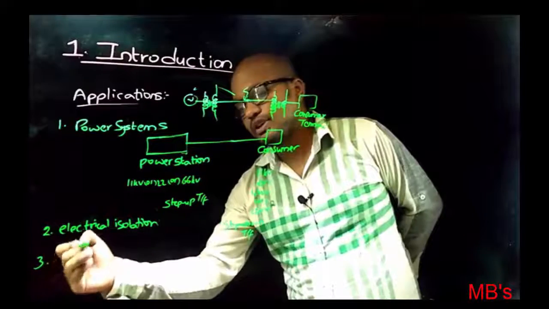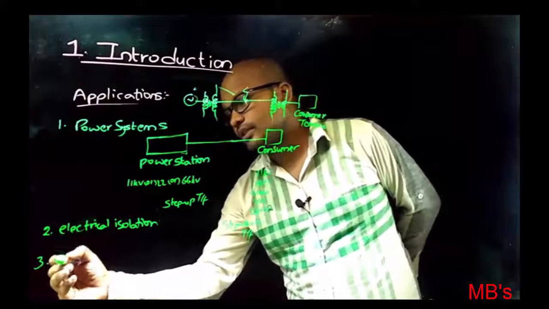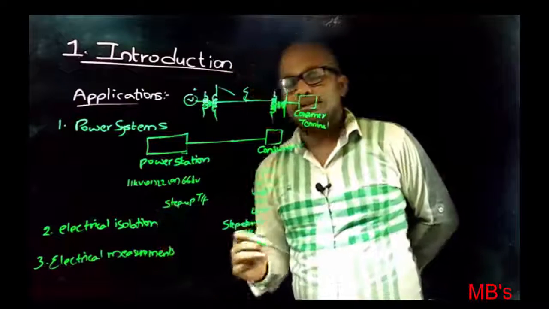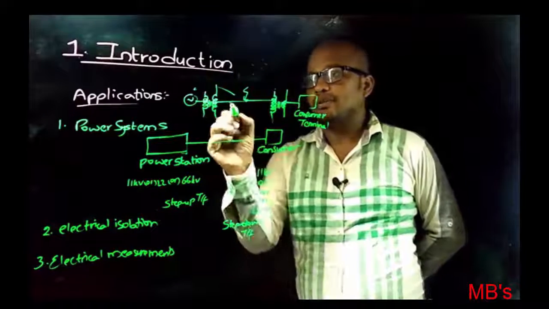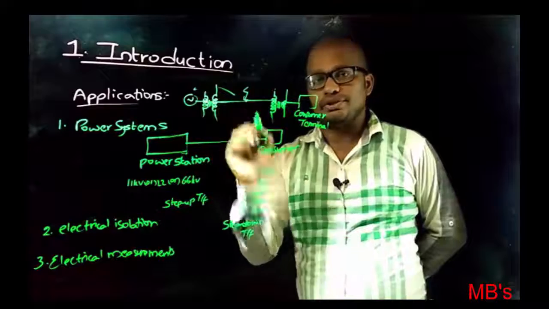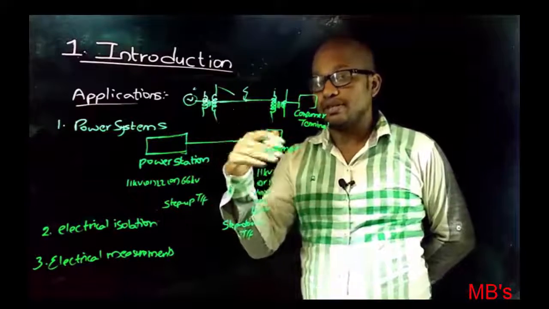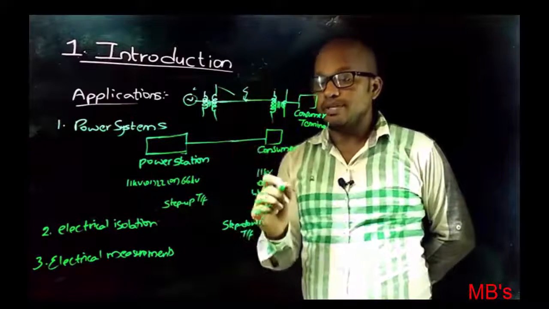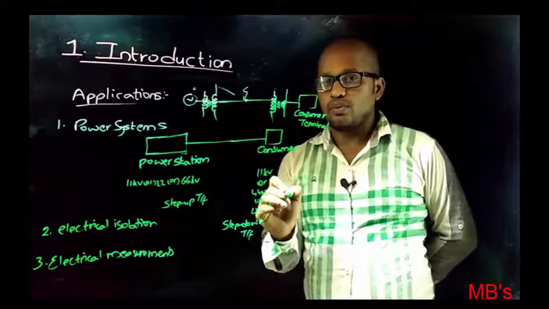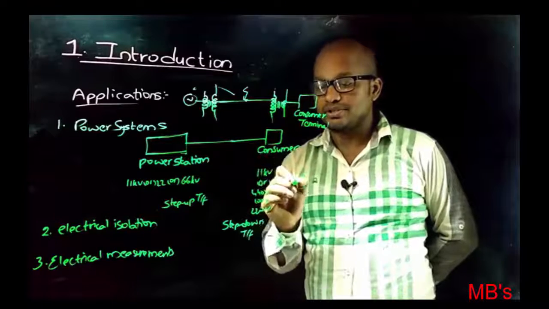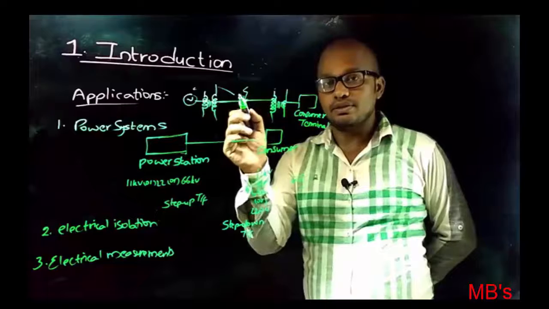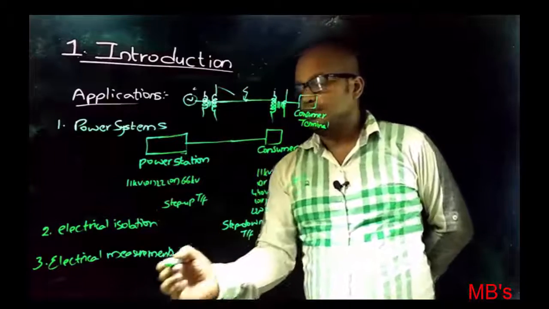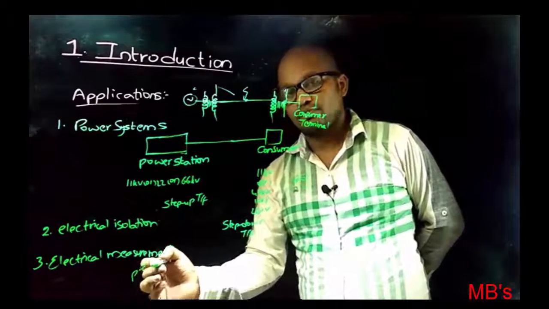Next, the other important application of transformer is for electrical measurements. Suppose there is a necessity for measuring the line voltage here, as we know that these voltage levels are at higher levels which can't be measured by our normal 500 volts or 100 volts measuring meters. So in order to measure those higher voltage levels, potential transformer is used.